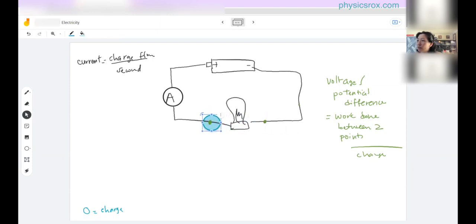Work starts from here, we count. Work finishes here, we stop counting. So it's between 2 points. That's why a voltmeter, to measure voltage, is always parallel. You will see the voltmeter got 2 points on. Ammeter has no such thing. 1 point is inside the circuit. Voltmeter always got 2 points. This one we consider to be in parallel.